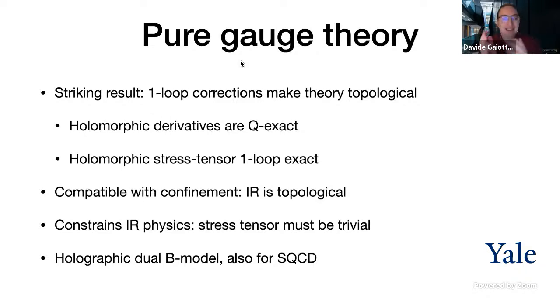it seems connected to the concept of confinement, in the sense that once you know that your theory in the ultraviolet is topological, then it better be topological in the infrared as well at long distances. And well, we know that the physical theory is gapped, it's confined, all the excitations are massive, and so at large distances, even the physical theory is topological.